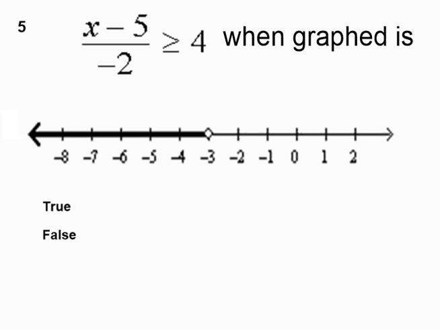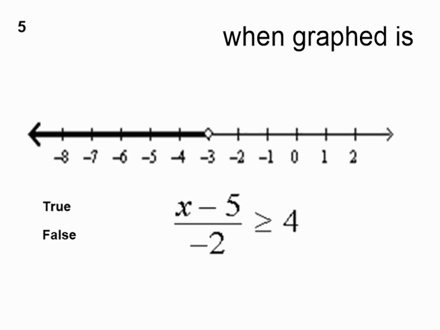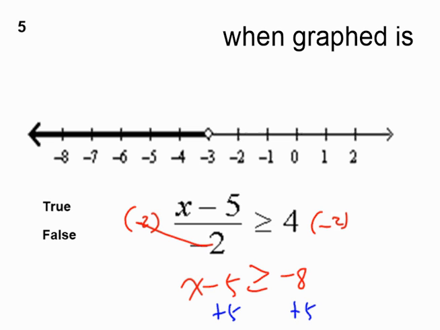Question 5, when graphed, so let's take this equation and see if we can solve it. I'm going to multiply both sides by -2 first. X minus 5 is greater than or equal to -8. I'm going to add 5 to both sides. X is greater than or equal to -3.